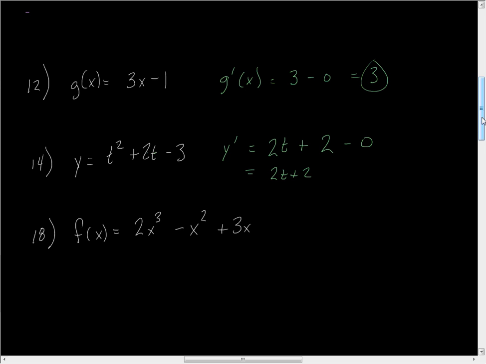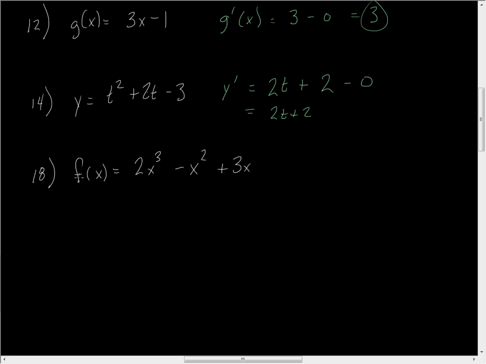All right, so let's move on. Here we are with f of x. So now the derivative of f of x, or f prime of x, is going to be 2. And I'm going to write this one out. It's 2 times the derivative of x cubed minus the derivative of x squared plus 3 times the derivative of x. Okay, and now notice whenever I've had the constants 2 and 3, I'm bringing those outside of the derivative.